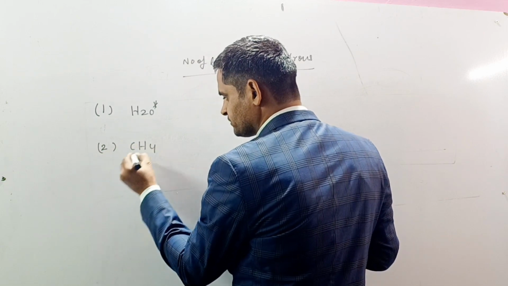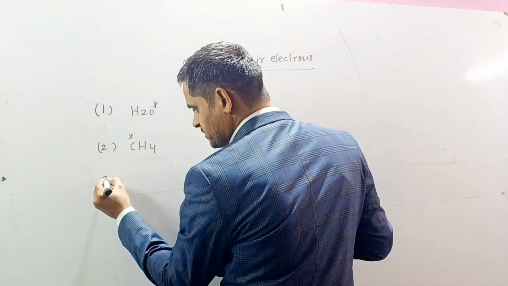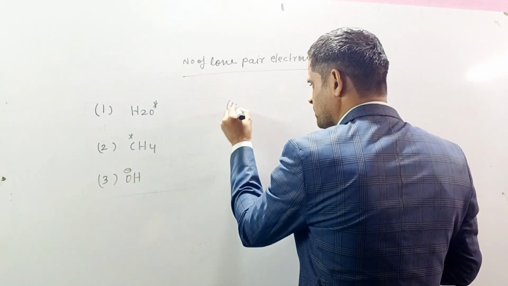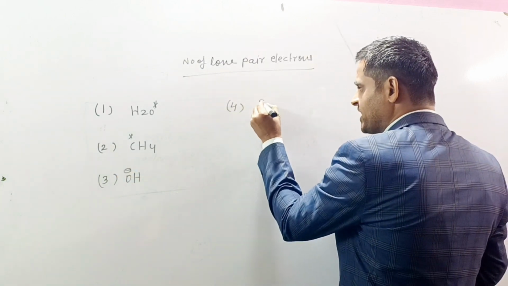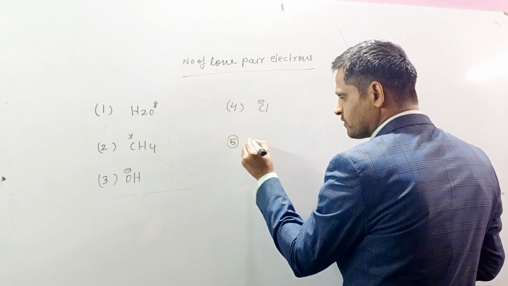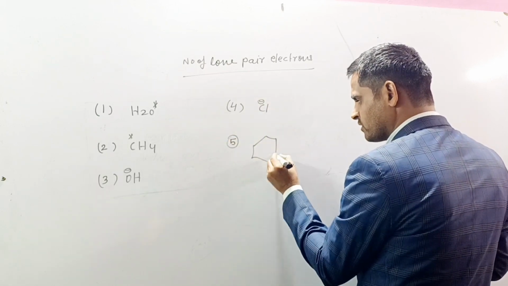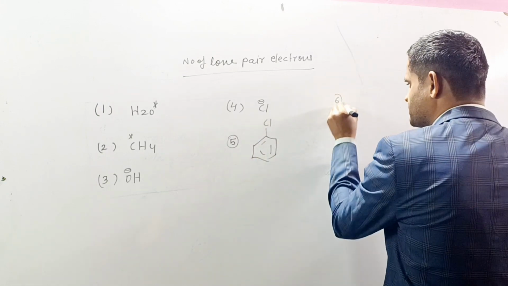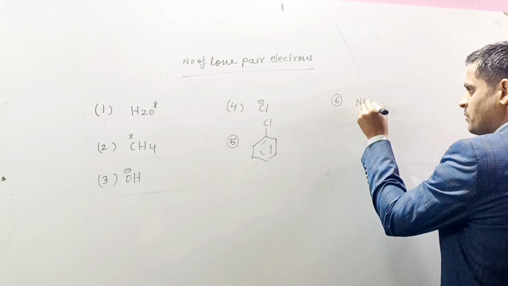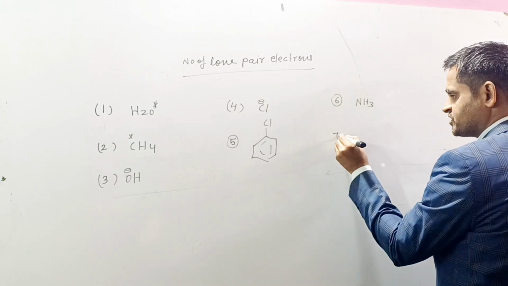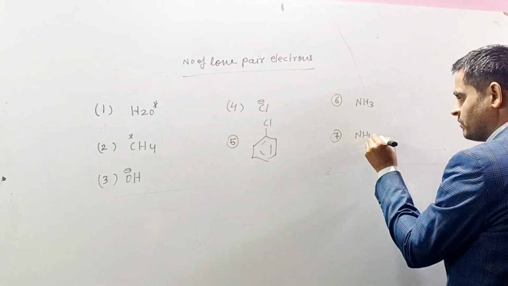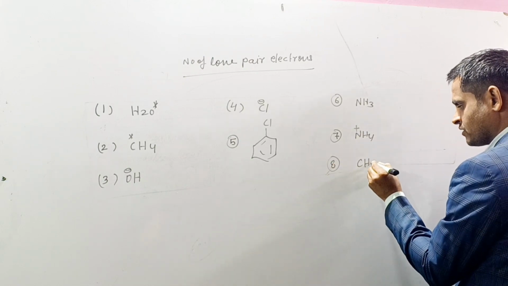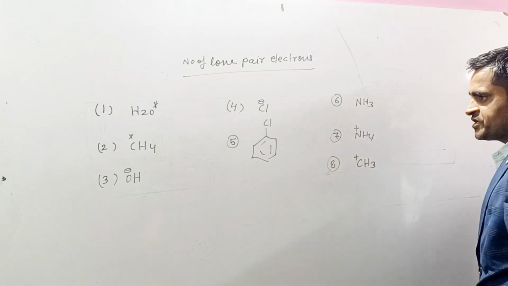Now we will discuss H2O, CH4, hydroxide ion, chloride ion in chlorobenzene, and number 6 is ammonia, 7th ammonium, number 8 methyl carbocation.